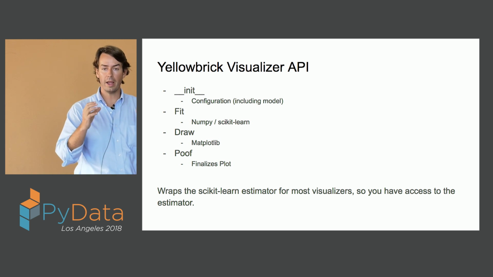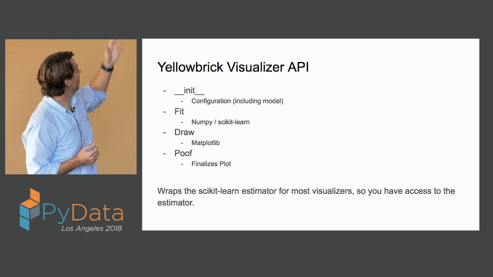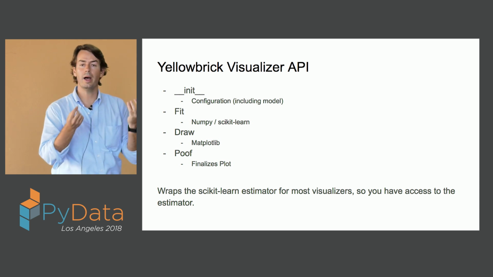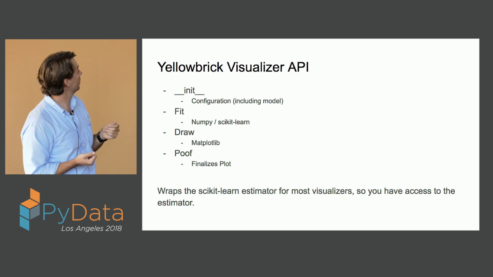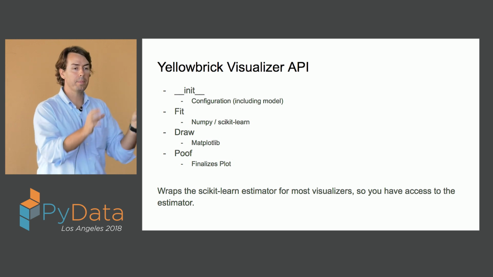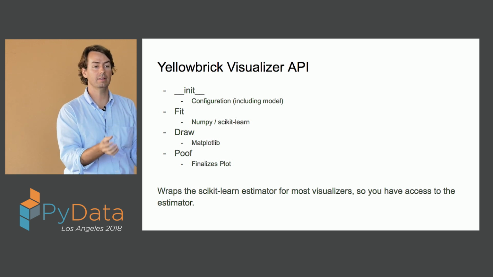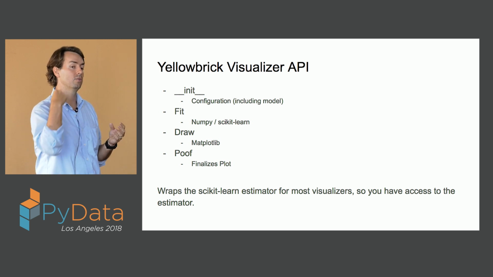Drawing the plot based upon the outcomes from fit is all done by matplotlib. And then poof finalizes the plot and any other display presentation logic. Lastly, in our model visualizers, we wrap the scikit-learn model inside of that, so after a visualization is done, a user has access to the model.